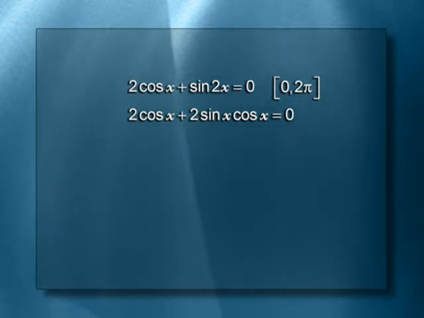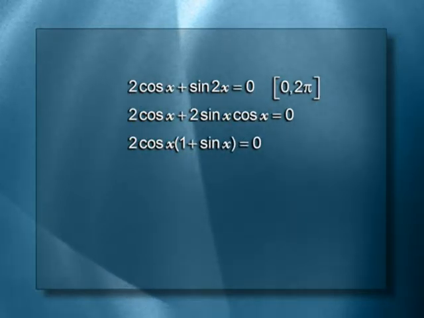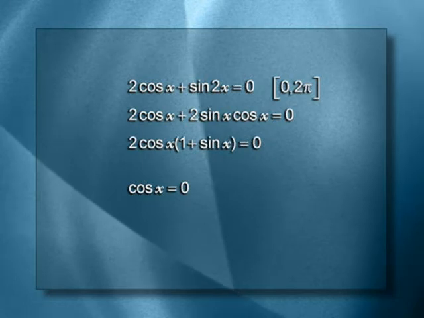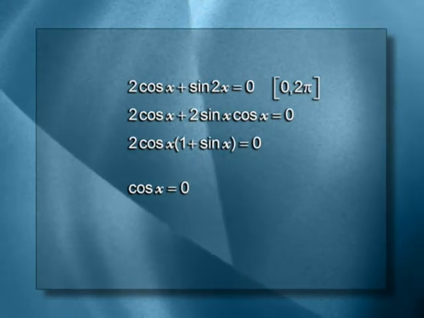Factor out 2 cosine x, and you're left with 1 plus sine x equal to 0. A product equals 0. One of the terms must be 0. If cosine x is 0, what's x? And we're back to one of these basic skills. Can you think of an x value such that the cosine is 0? And we're on the interval 0 to pi.